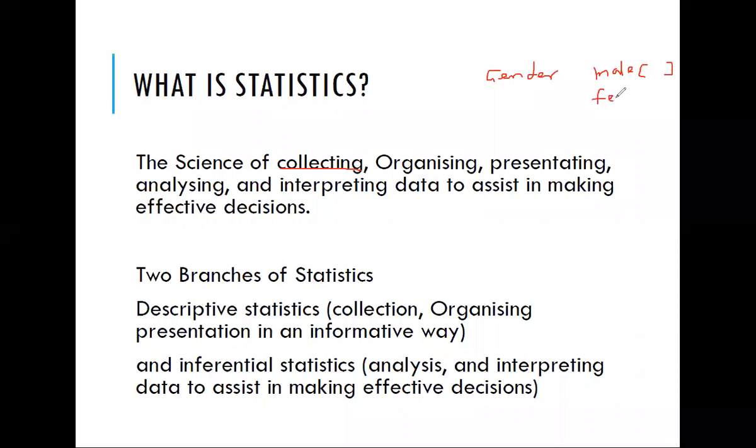Your final research, you'll be doing some of these things. Then following that, I may give you a question on age, and I provide options. At the end of the day, this information you have given to me, I'll have to extract it from the questionnaire. The questionnaire is a data collection tool.